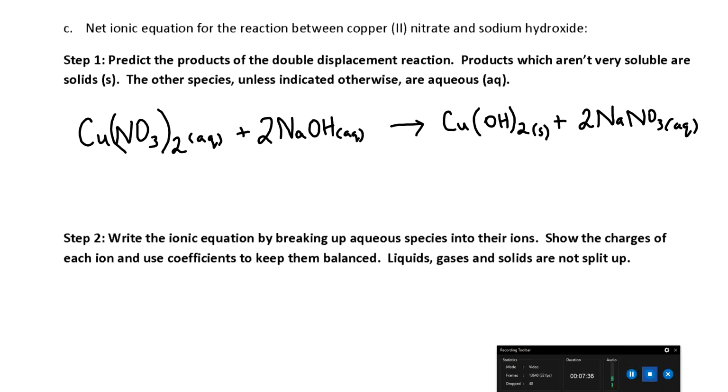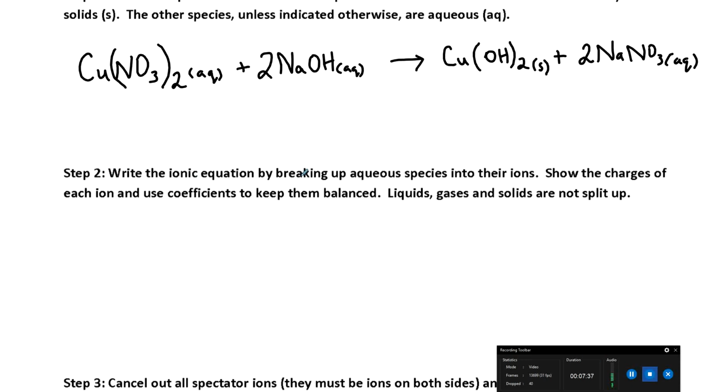Step 2 is write the ionic equation by breaking up aqueous species. Species just means a compound. If it's in the aqueous state, we break it up into its ions because this is an ionic compound, this is an ionic compound, and this is an ionic compound. Being aqueous means that these solids have been dissolved in water.